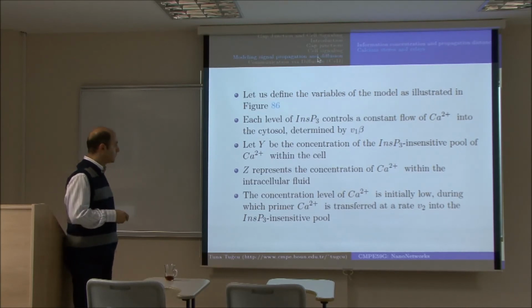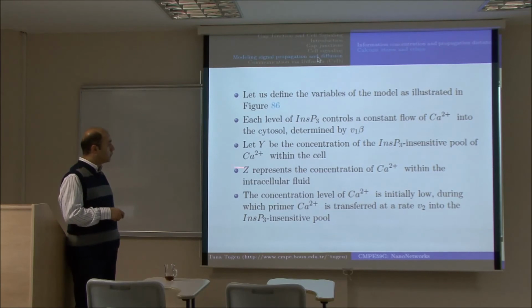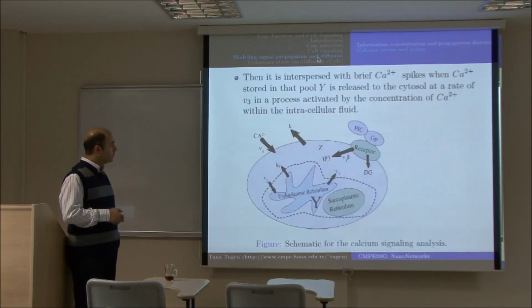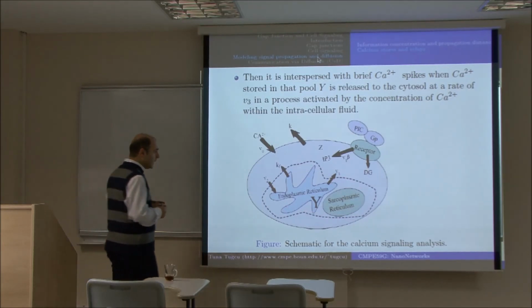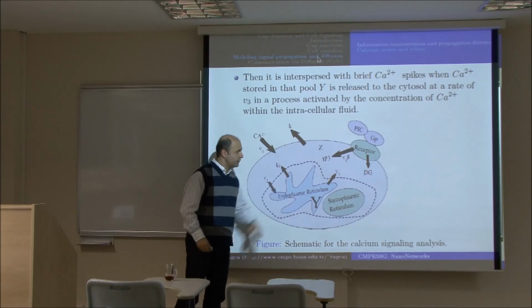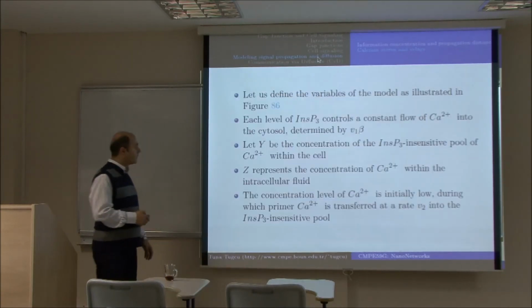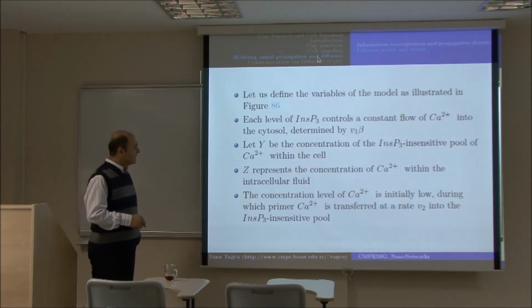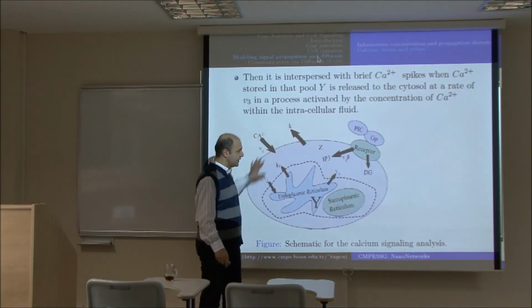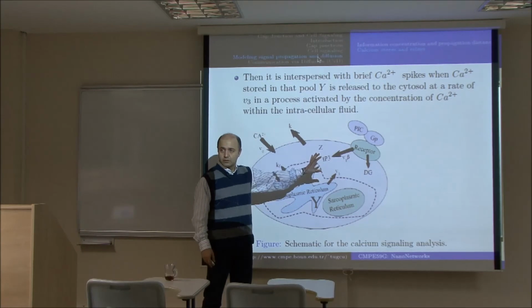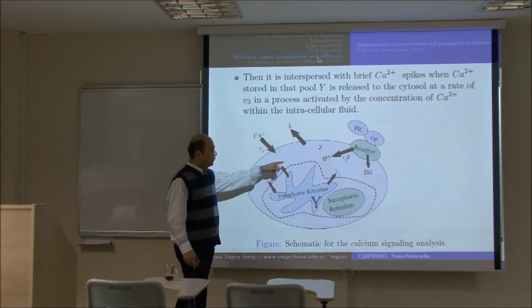In addition, let Y be the concentration of the IP3 insensitive pool of calcium ions. So here we have the calcium ion pools. Let Y be the concentration here. And let Z be the concentration of calcium ions in the cytosol overall. That's the important thing for me.